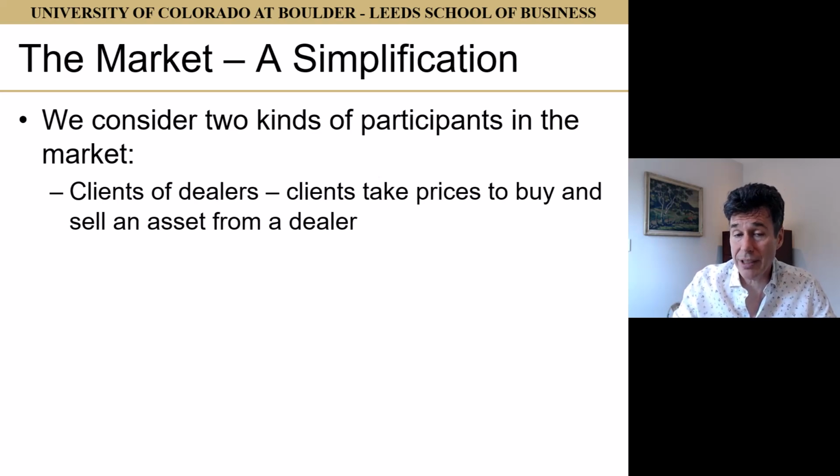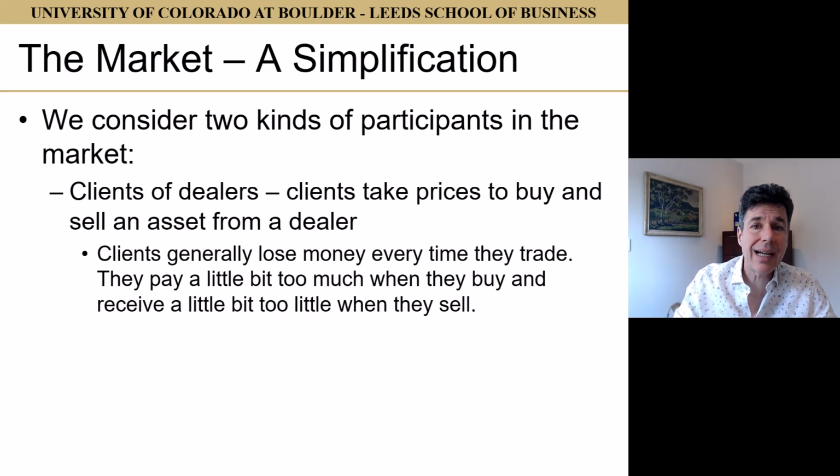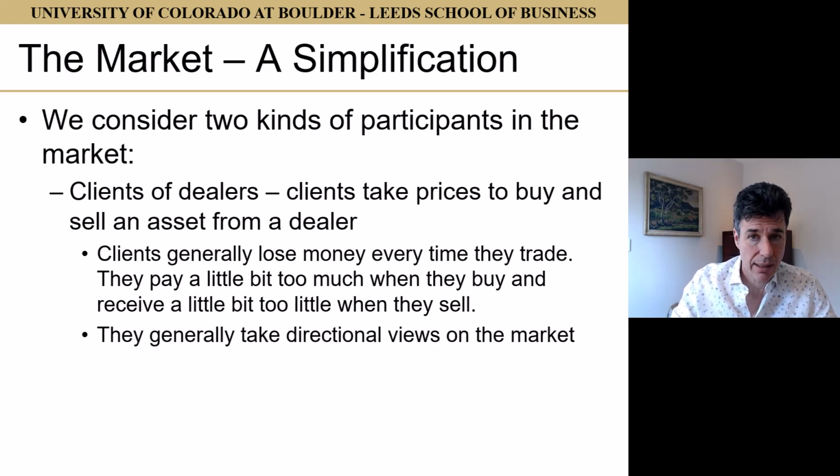Clients are known as market takers. Clients generally lose a little bit of money every time they trade. They buy for a little bit too much, they sell for not quite enough, and they lose money when they trade.